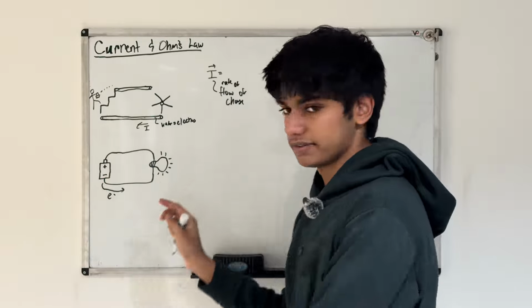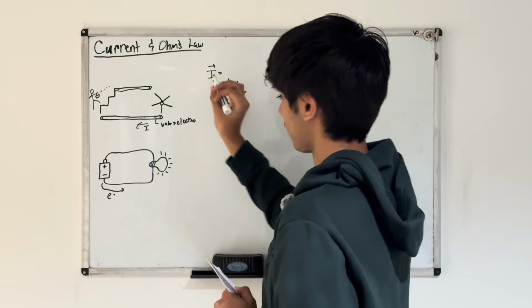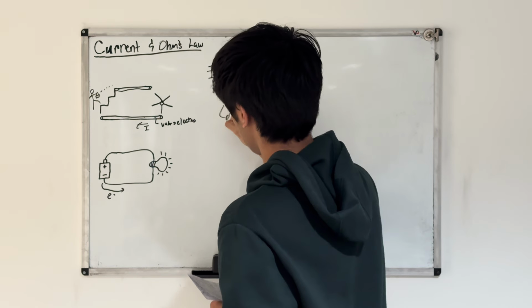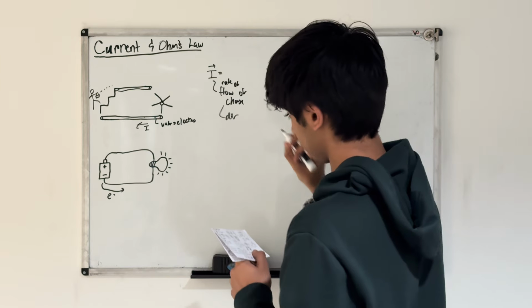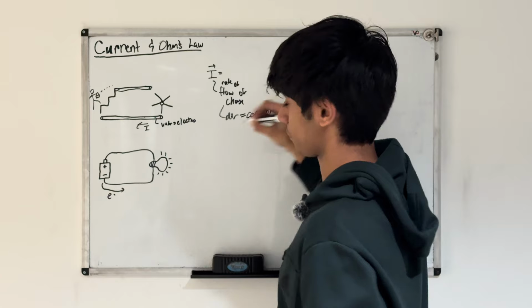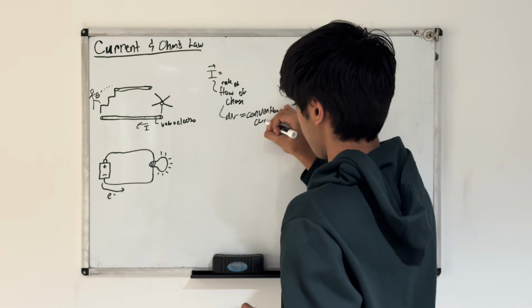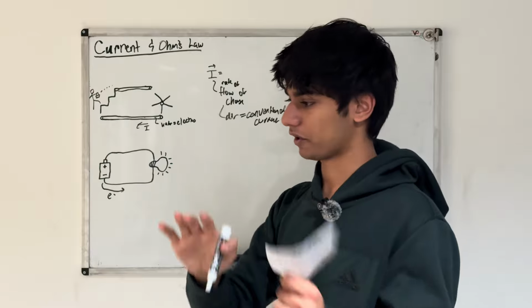Now you may be saying, okay, does that mean the direction is from negative to positive? No. Current is a vector, and the direction for current is known as the conventional direction. It's also sometimes called conventional current because it follows the conventional direction that was established a long time ago.